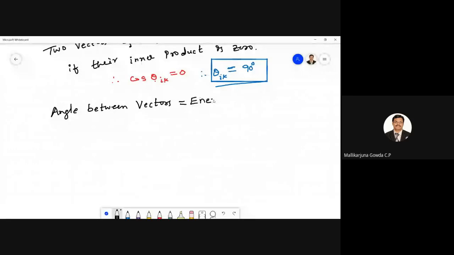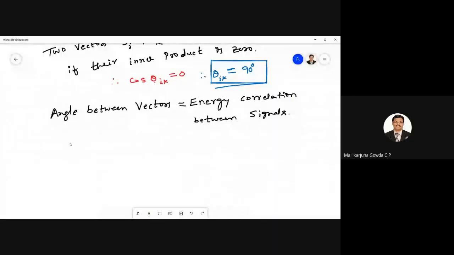Now let us try to relate how the energy of the signal is related to the length of the signal vector.